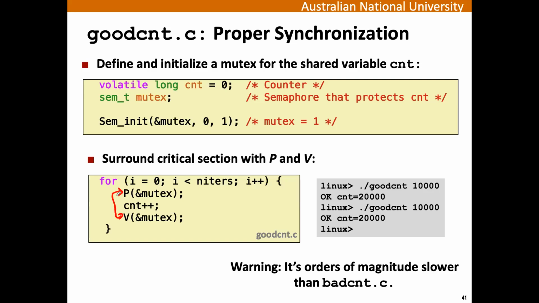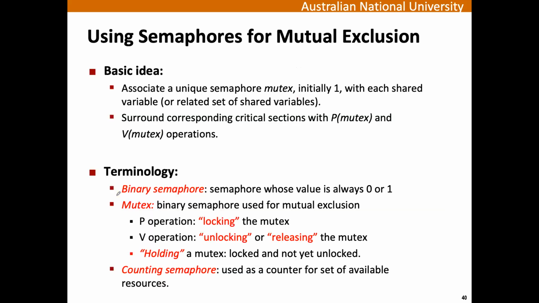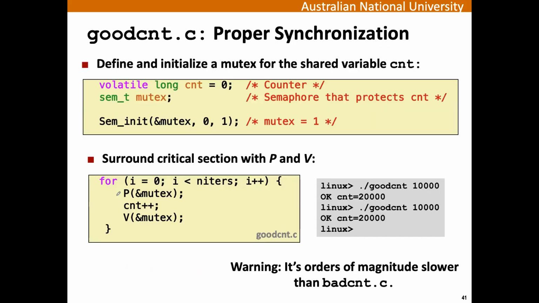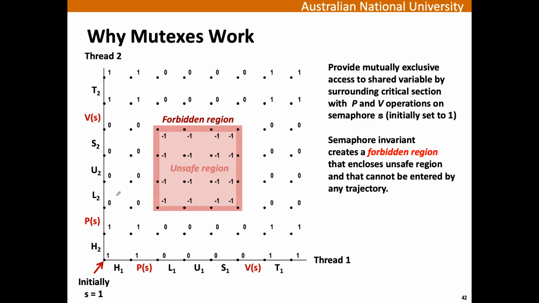If 2 threads try to execute the P operation at the same time, the kernel will serialize them, so only one thread will execute the P operation. And if we look at the progress graph, this will ensure mutual exclusion in the critical section.